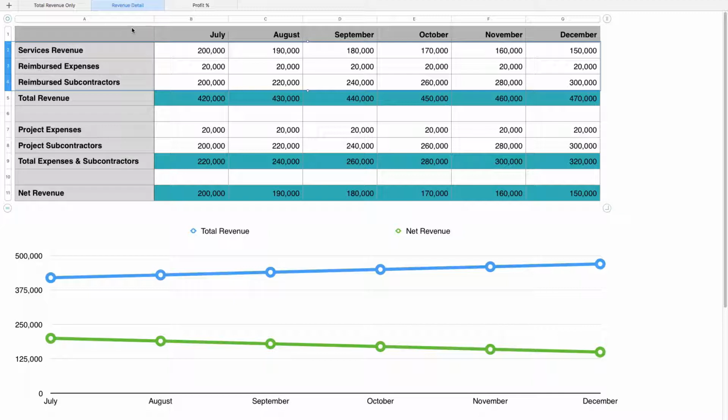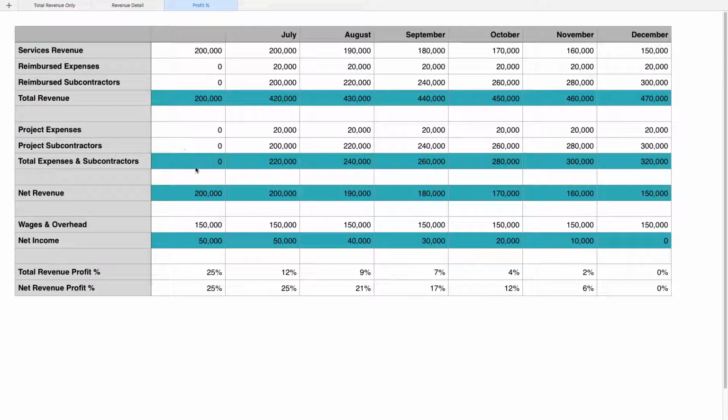Let's go over and look at one other example of why net revenue is the critical number to watch. So here we have June, and then we have July. I'm just going to show the difference between what happens when you look at profit percentages, when you look at total revenue versus net revenue.